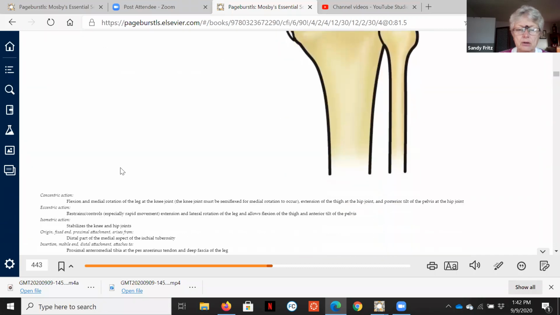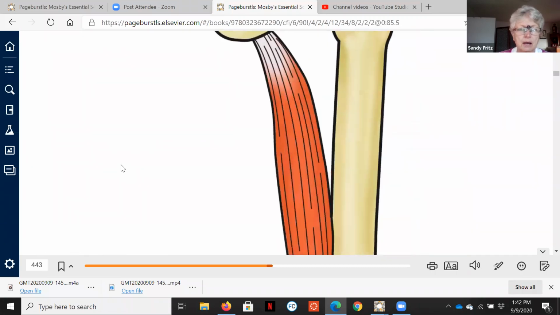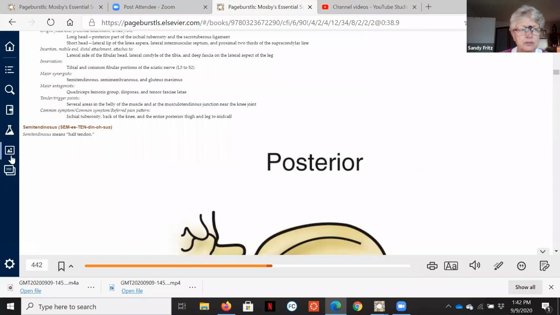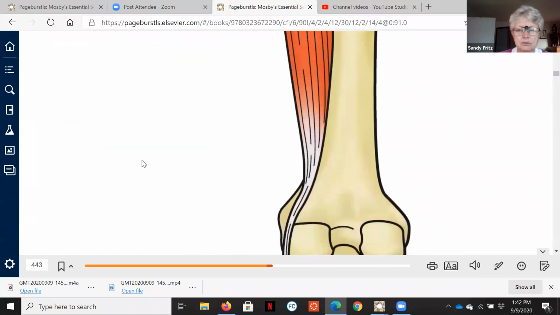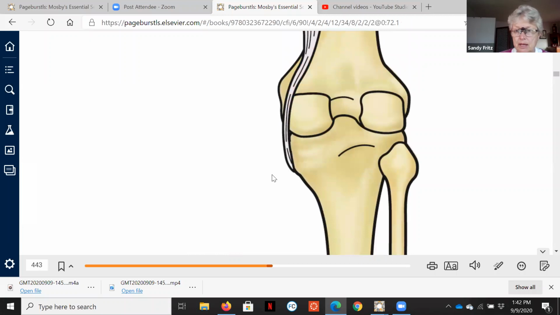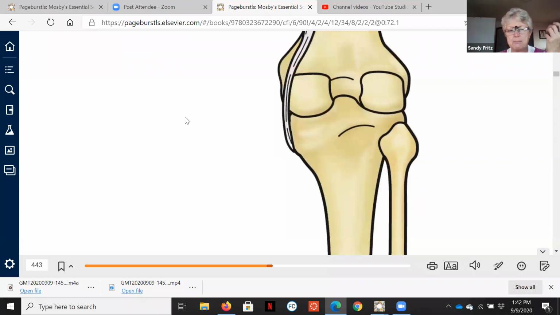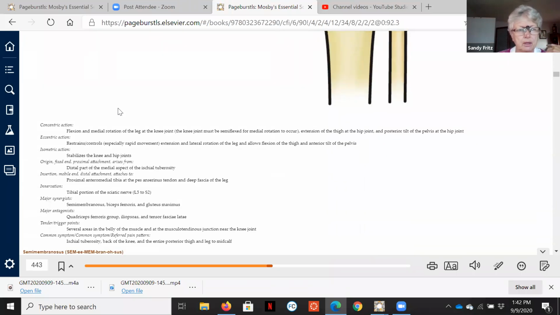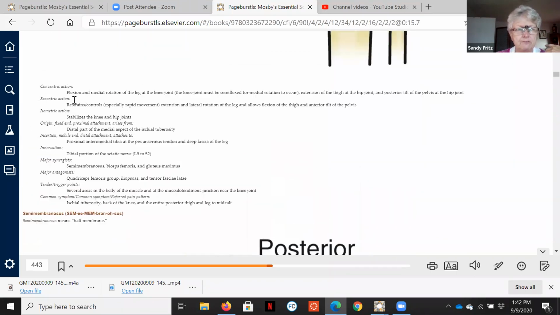So now here's the other synergists here. Here's your semitendinosus. Now it's on the medial side. So when the biceps femoris and the semitendinosus pull together, you can see how they can lift that bone up. And same features here.